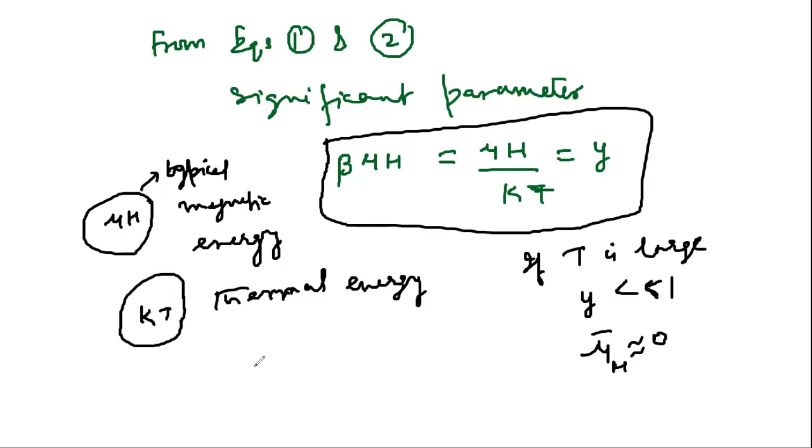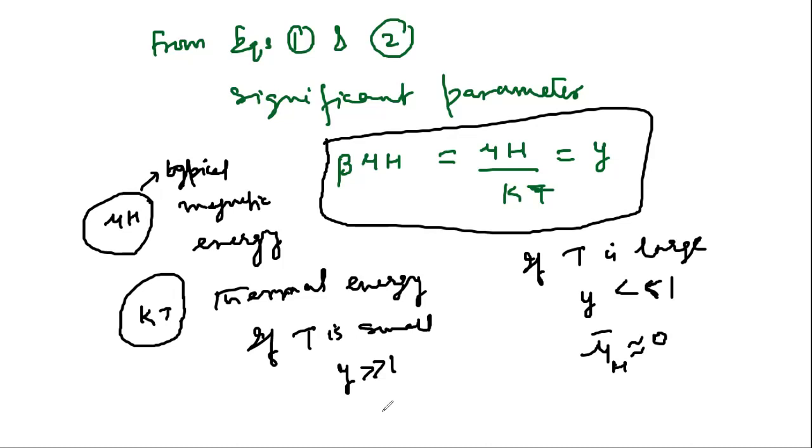Let me first consider the next situation. Now, if T is very small, that is, y is much greater than 1, then it is much more probable that the magnetic moment mu is parallel to h rather than antiparallel to it.